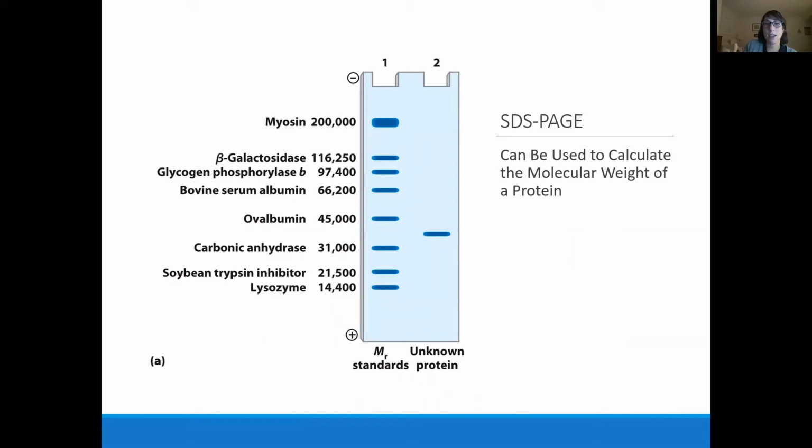Again, using SDS PAGE and this type of electrophoresis, you can calculate the molecular weight of a particular unknown protein based on where its band is on the gel compared to something we call a ladder.